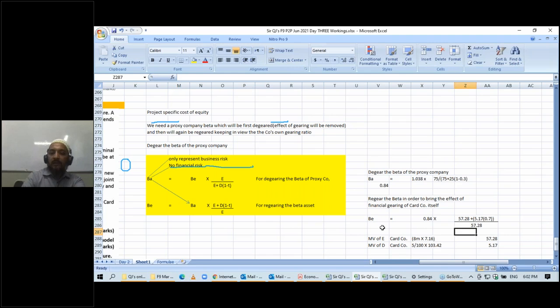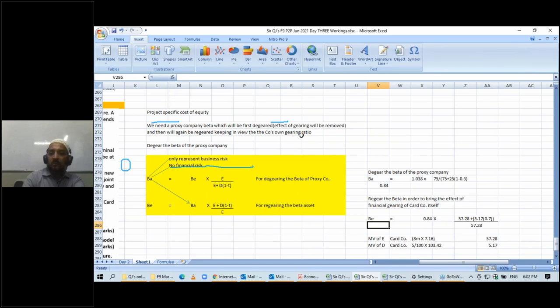This gives you again a geared beta. So now the financial risk has been added to 0.84, which was just representing the business risk only.